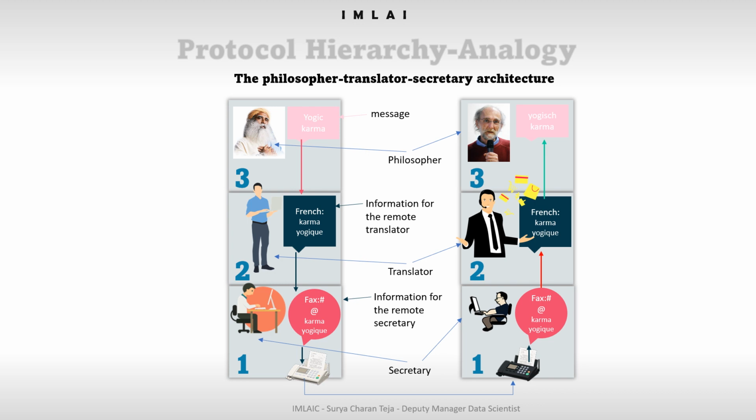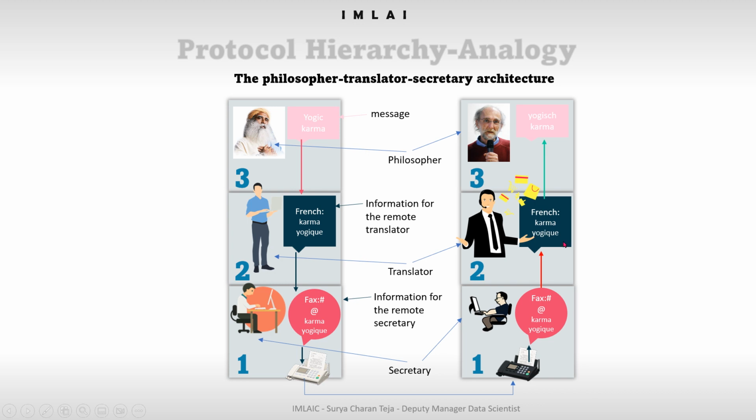Note that each protocol is completely independent of the other as long as the interfaces are not changed. The translator can switch from Dutch to Finnish. So they can choose whatever language they want, but they have chosen this. Both have preferred French.